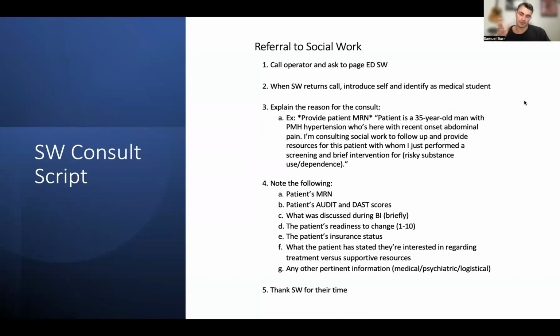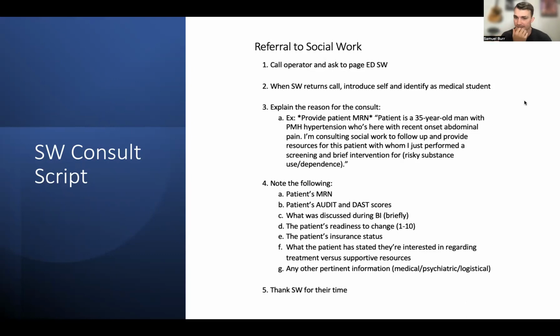This is the script for referral to social work. I'm relying on my personal experience with doing this and relative success, but it involves calling the operator, getting a hold of social work, giving the reason for the consult after identifying as a medical student, providing the MRN, a brief summary of why they're here, and that you performed this SBIRT process.